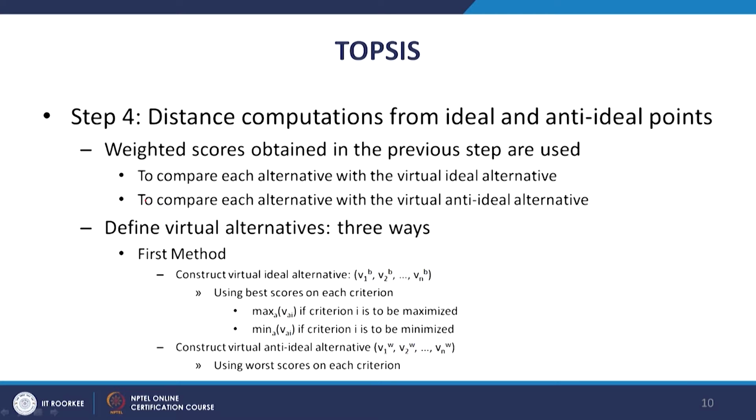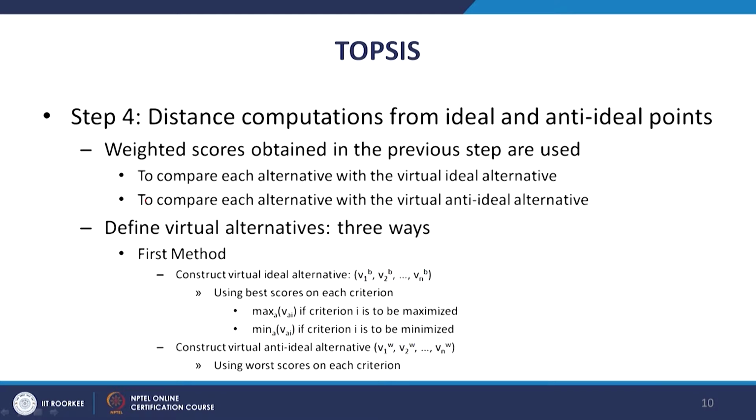In the first method, constructing a virtual ideal alternative would be like this. Coordinates can be expressed in this form: V1, and you can see a superscript B that is standing for the best value, similarly V2B and up to VNB.